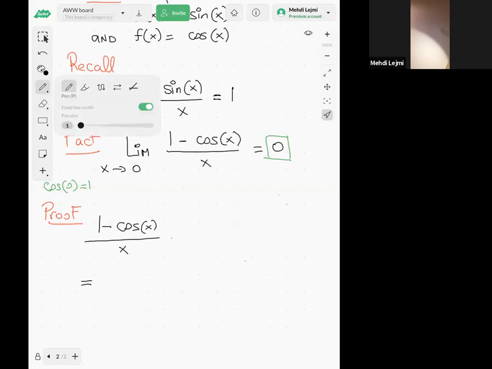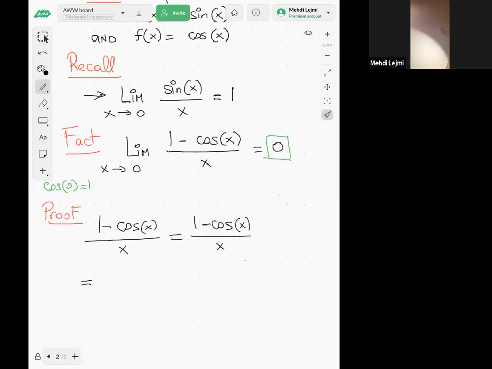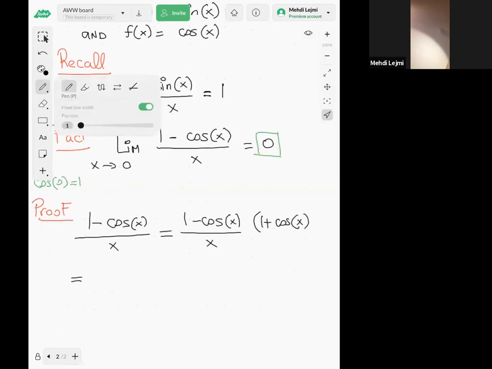So I can multiply by 1 plus cosine of x over 1 plus cosine of x. It's like a conjugate, right?